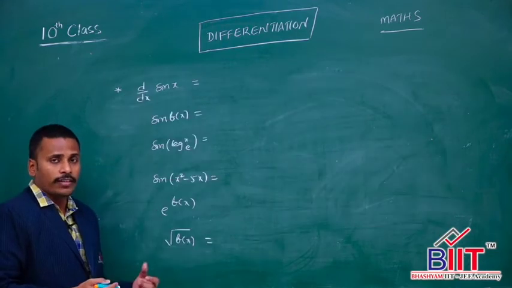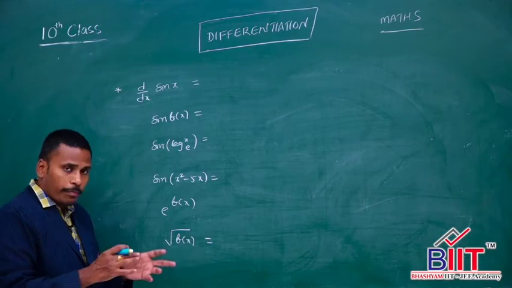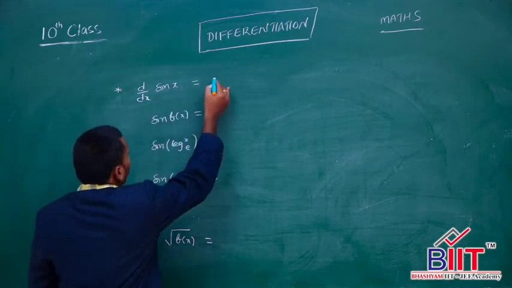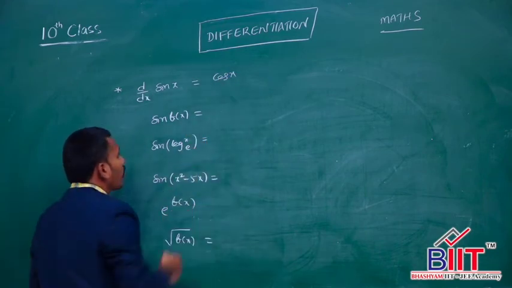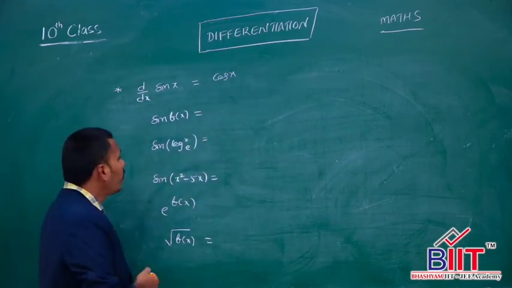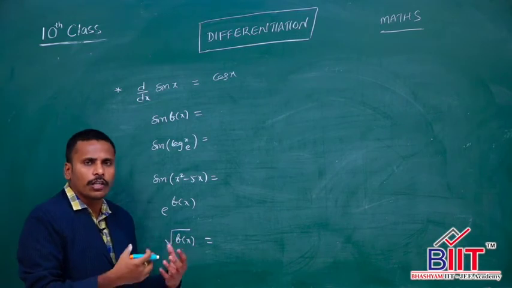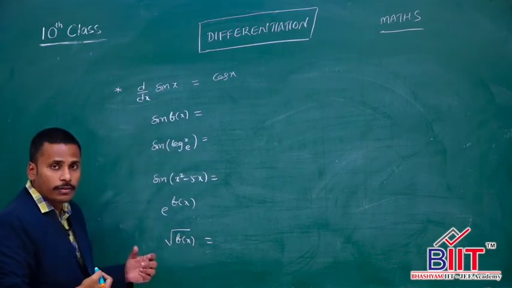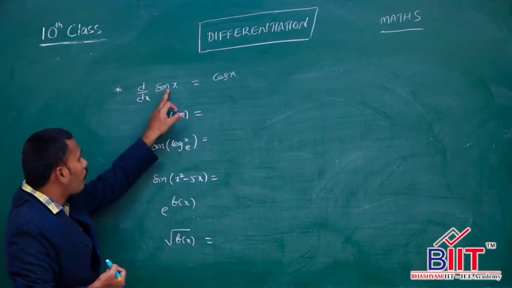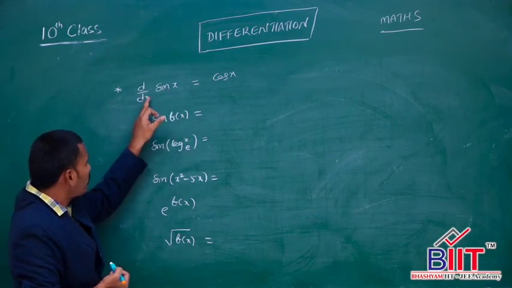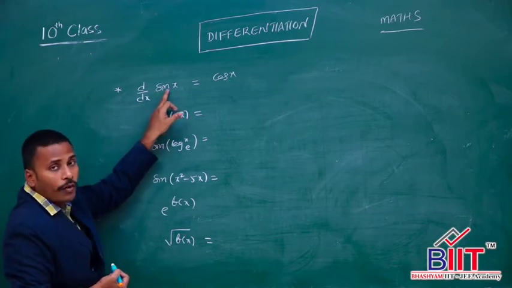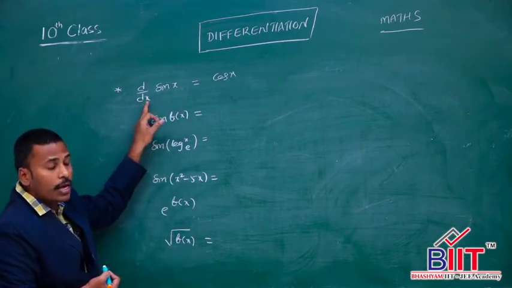Have a look. Look at the board. Now this time I am completely concentrating on the chain rule. So what is the d by dx of sin x? This is very clear, cos x. And by the chain rule for the derivative of composite functions, what is the derivative of sin of f of x? The derivative of sin x with respect to x is cos x.